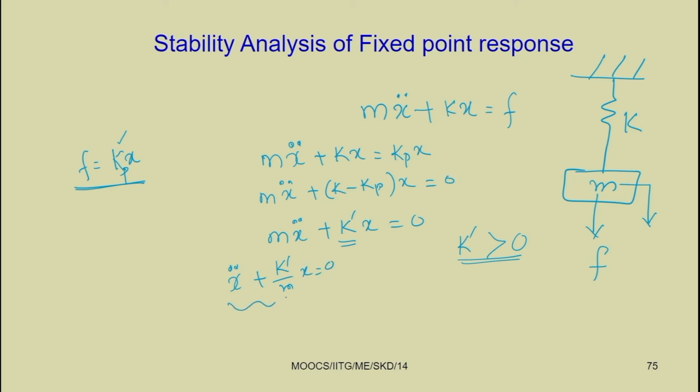So, here the auxiliary equation is d square plus omega n dash square equal to 0. So, the roots of this equation, that is d, will be equal to plus minus i omega n dash.